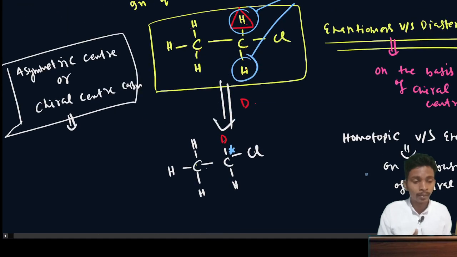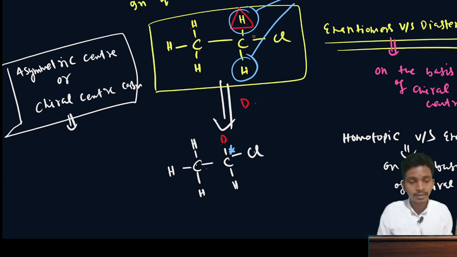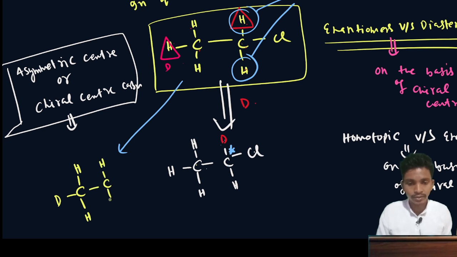Next, for homotopic, we also do the modifications. If I do this here, this is not homotopic, this is enantiotopic. For homotopic, let's say I replace any one of them, with this or anyone. So I replace with this. With deuterium, the atoms look like this: this is H, this is D, this is H, this is C, this is H, this is H, this is Cl.